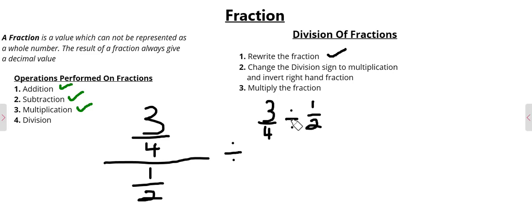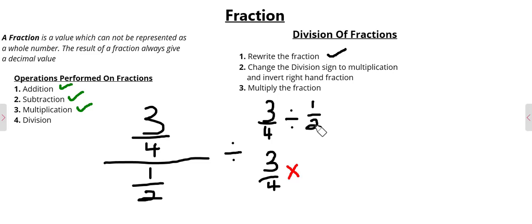Now the next step says change the division sign, which is this very sign here, to multiplication, and invert the right hand part of the fraction. So let's change the division sign. So we still have 3 all over 4. This time around we are going to change the division sign to multiplication. It's no longer going to be division, and when we change it to multiplication, we invert the right hand side of the fraction.